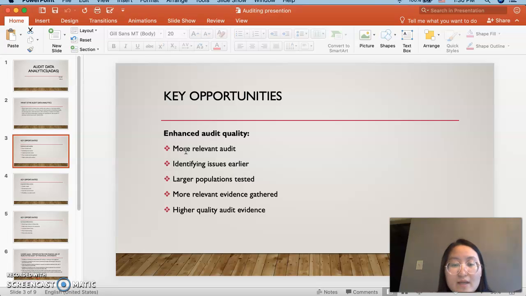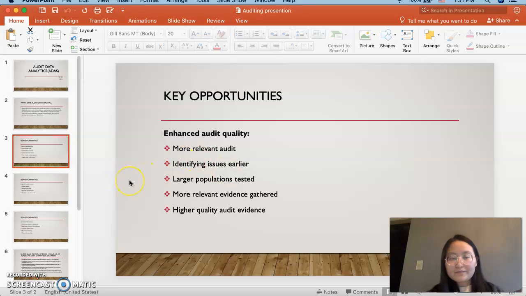And performing transaction tests on the entire population rather than testing samples lets the auditor consider a broader set of audit relevant data and thus produce higher quality audit evidence.